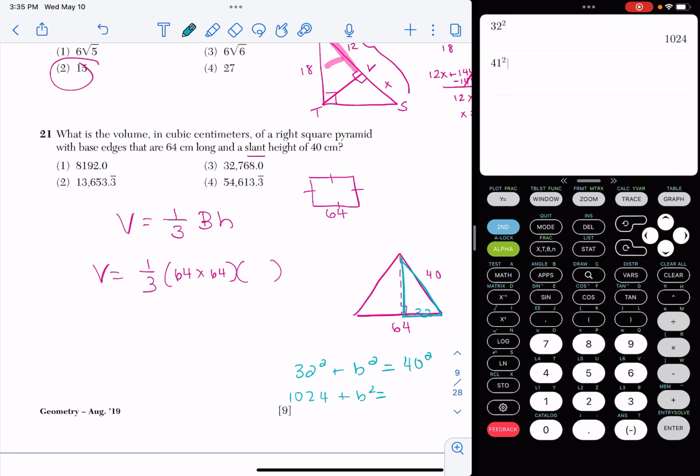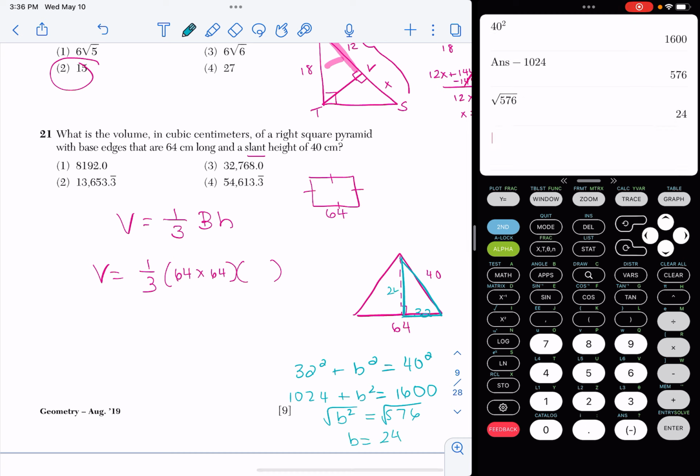40 squared gives us 1600. We're going to subtract the 1024 over. And we're going to take the square root. And we get that b is 24.